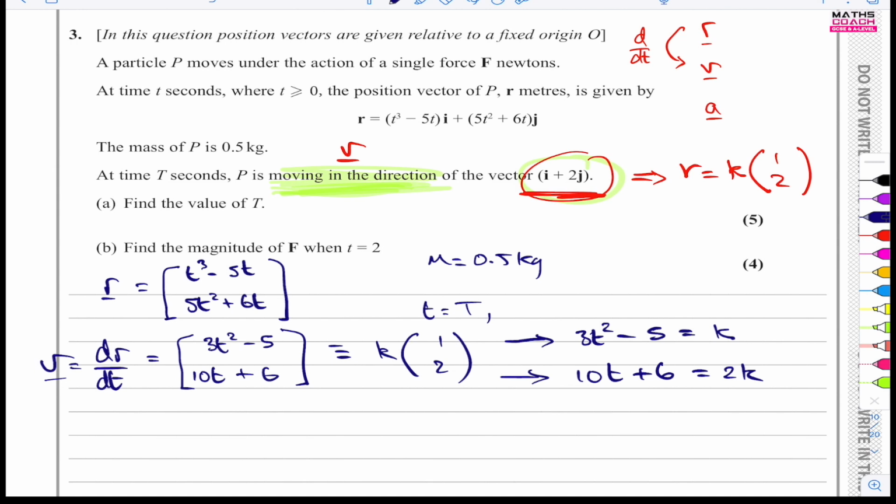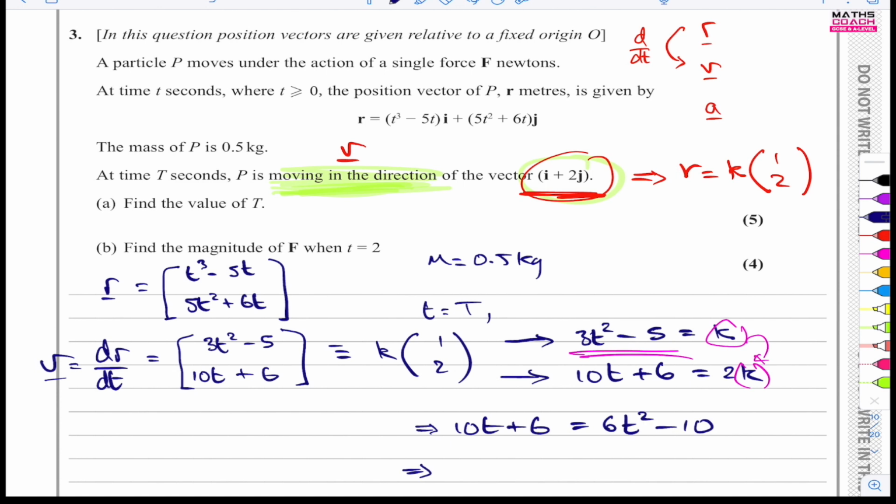So if we substitute this k into the one underneath, we can replace this k with that quadratic and times by 2. So this means 10t plus 6 equals 2 times k, 2 times everything above. So that's 6t squared minus 10.